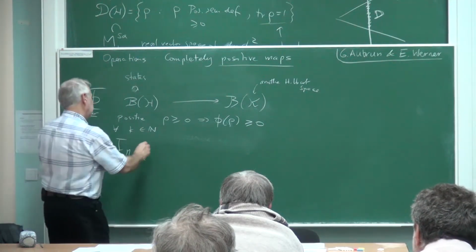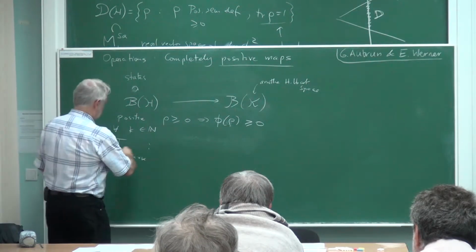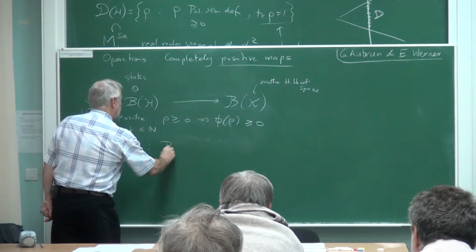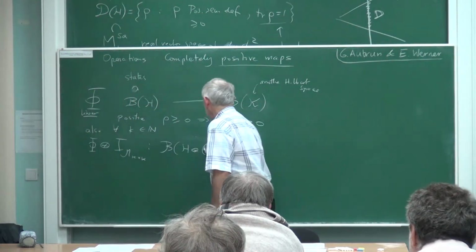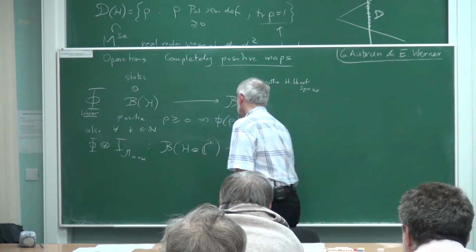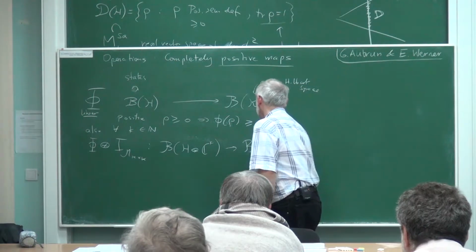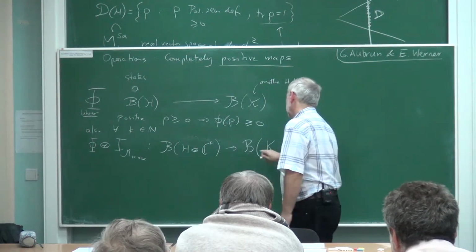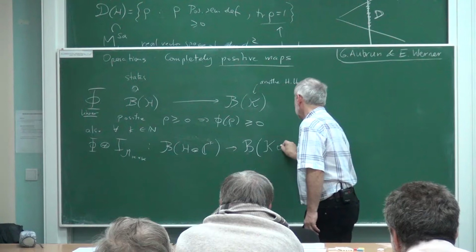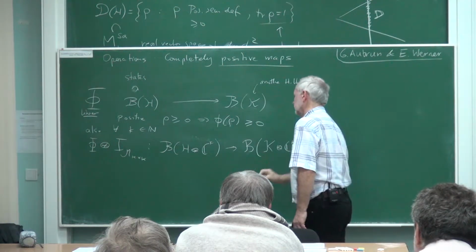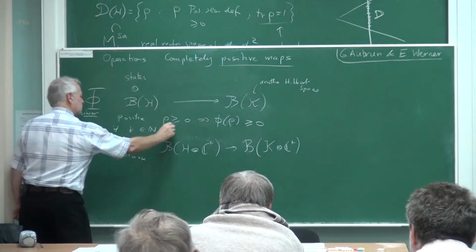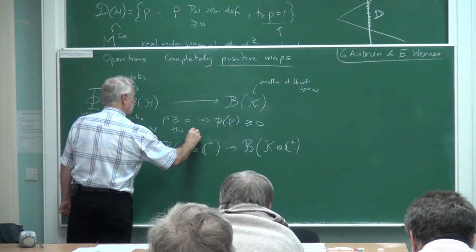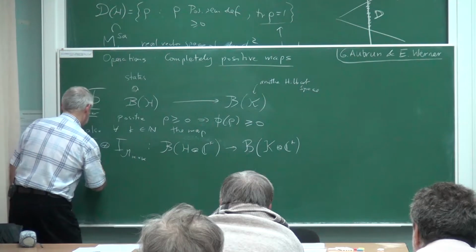This is naturally a map from operators on H tensor product C^k to operators on K tensor product C^k. So that map is also positive.